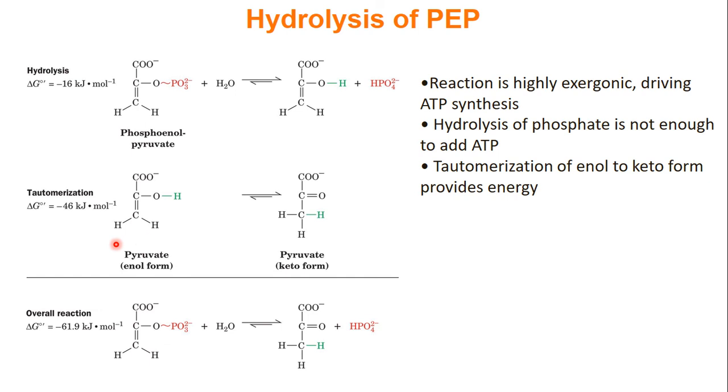This tautomerization is very exergonic. So the majority of the energy we're getting to make ATP is coming from this step. And when you look at the overall reaction, it's very, very negative. It looks like you're just chopping off a phosphate and moving this double bond. As we just looked at, it's more than that, but that's what the overall reaction looks like.